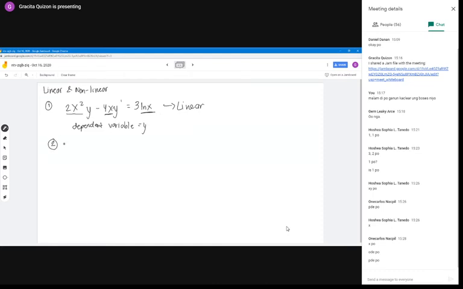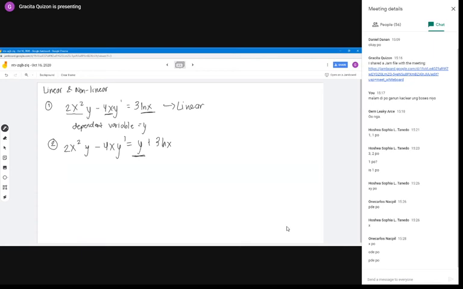Number 2: 2x squared y minus 4x y prime is equal to y plus 3 ln of x. Is it linear or nonlinear? If you notice, it is the same as the first example, but we now have a y on the right side of the equation. First, let's check whether the derivatives and the variable are only first degree.